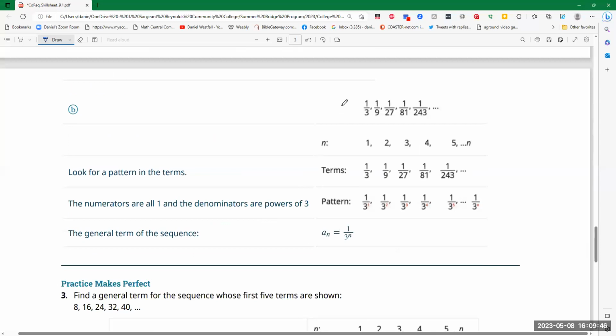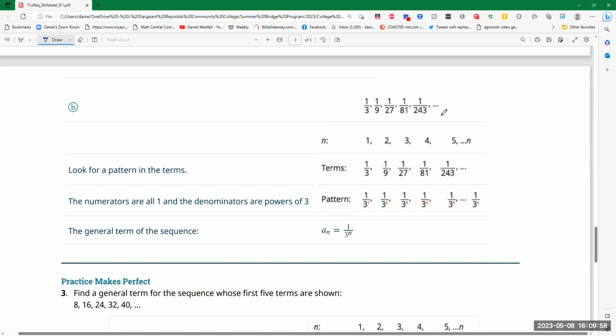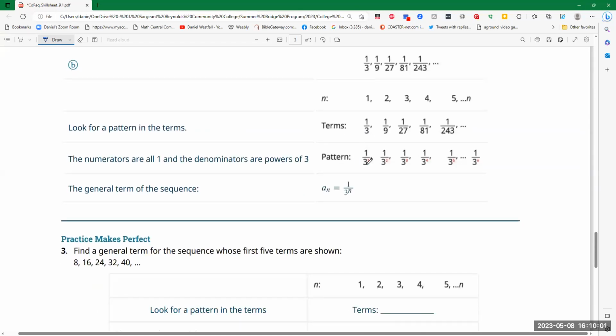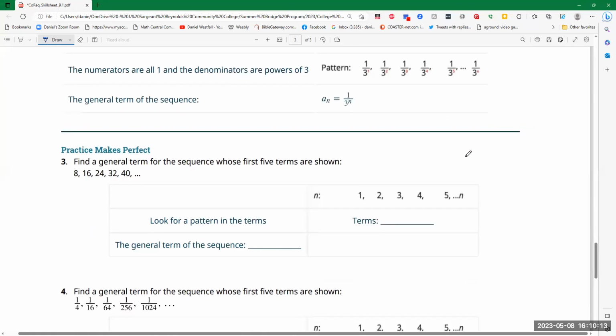Then they're going to give us 1 over 3, 1 over 9, 1 over 27, 1 over 81, 1 over 243. We just saw all those numbers in the denominator as the powers of 3 in a previous example, but they're going to write that out for us here: 1 over 3 to the first, 1 over 3 to the second, 1 over 3 to the third, 1 over 3 to the fourth, 1 over 3 to the fifth. So we assume the nth term is 1 over 3 to the n.